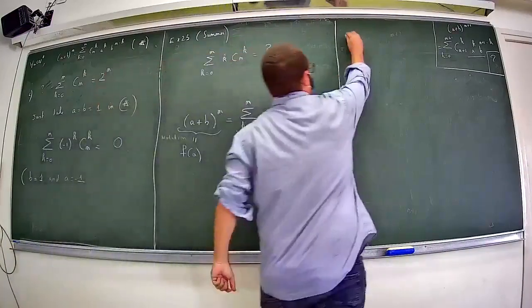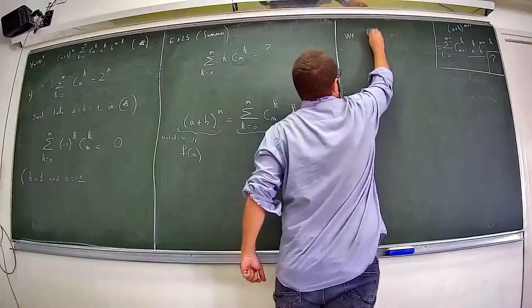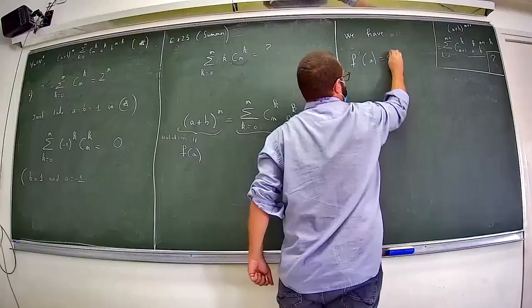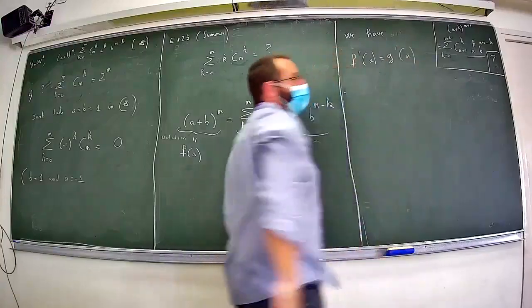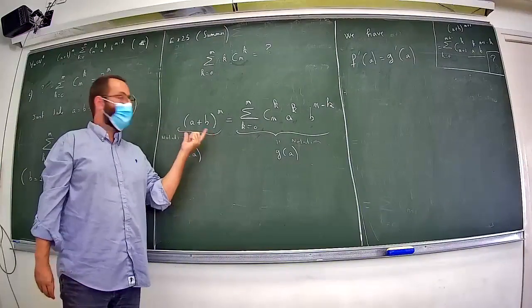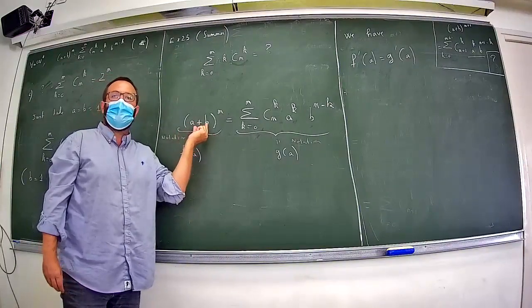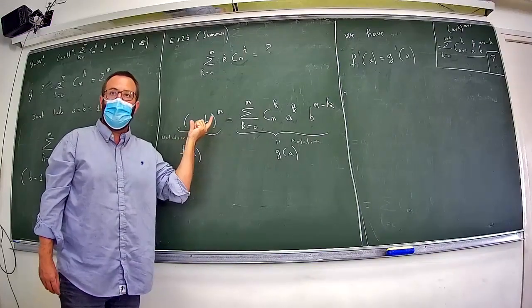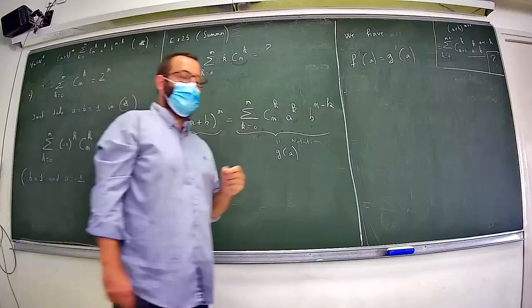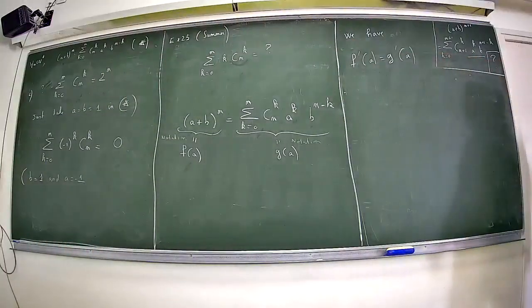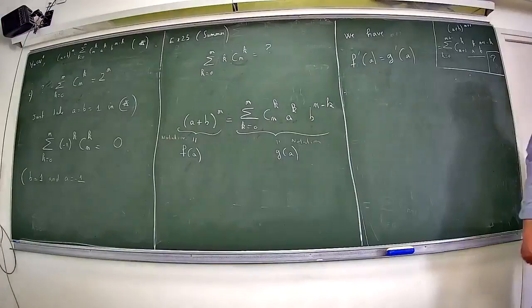So we have f prime of a equal to j prime of a. What is the derivative of this one? So a is my variable, b is considered as a constant. I have something of the form u to the power n. The derivative of u to the power n is equal to n u prime u to the power n minus 1.